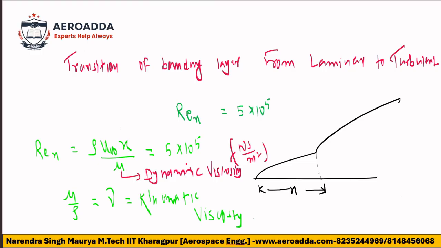Now one thing I have to tell you briefly, which is nothing but the calculation of the boundary layer thickness. For different velocity profiles, we have different formulas. One general formula is called the Blasius solution, which is very important. So you just write down Blasius solution.